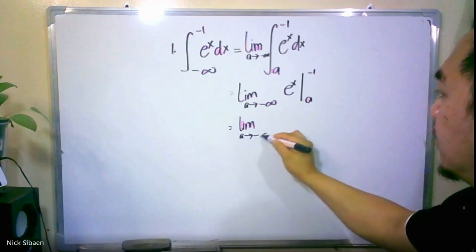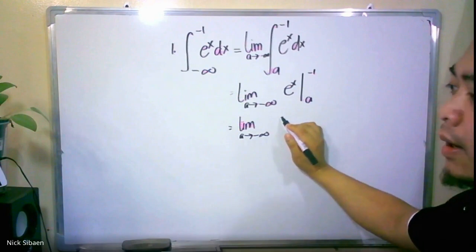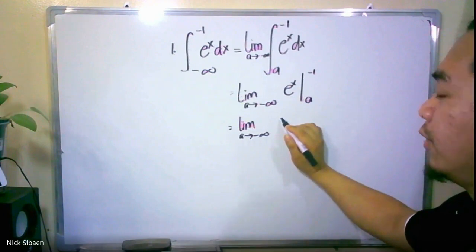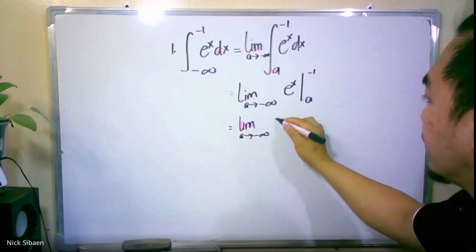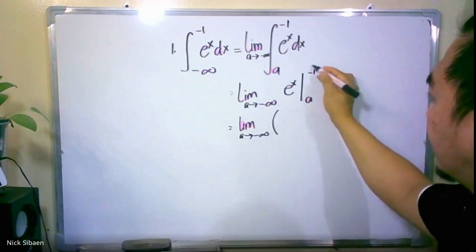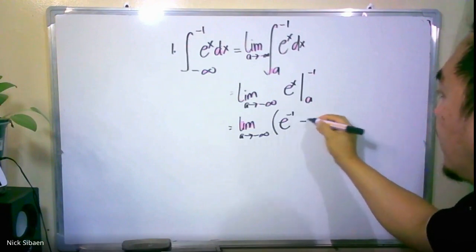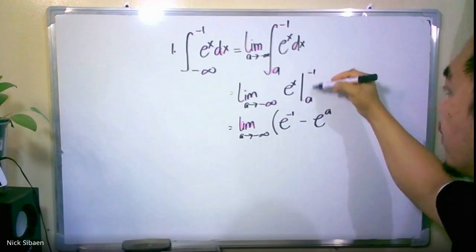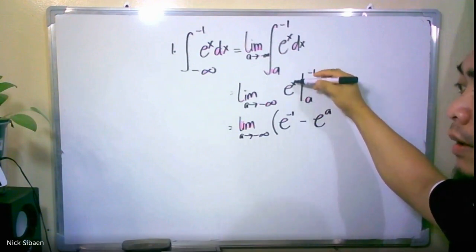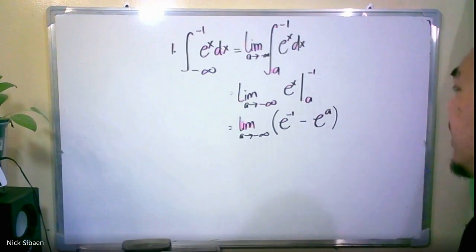And to do that, we're going to make use of our second fundamental theorem of calculus. Shortcut ko yun as FTC. So we would start with the upper limit, that's e raised to negative 1 minus e raised to a. So substitution lang ng negative 1 at a doon sa variable natin, sa function natin. So actually, that's it.